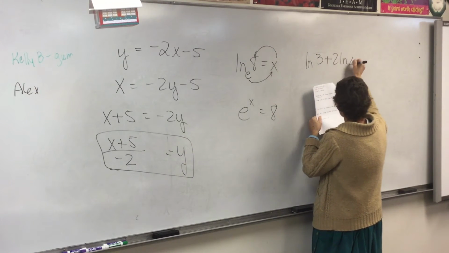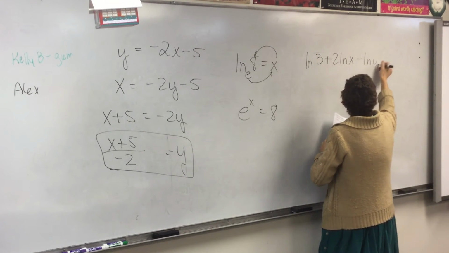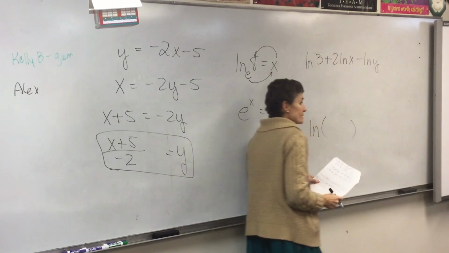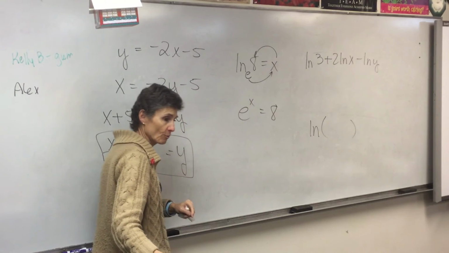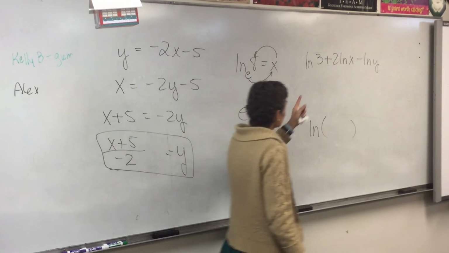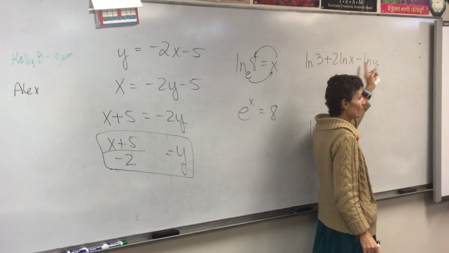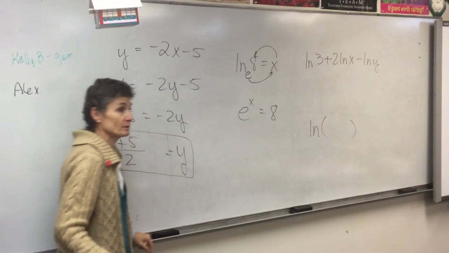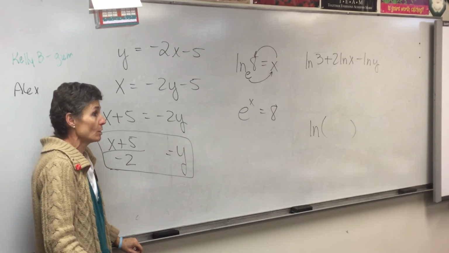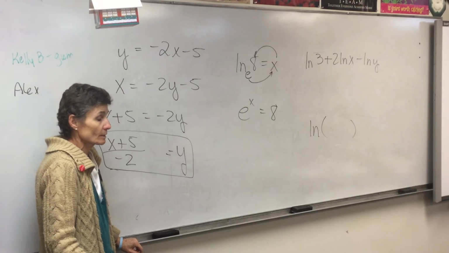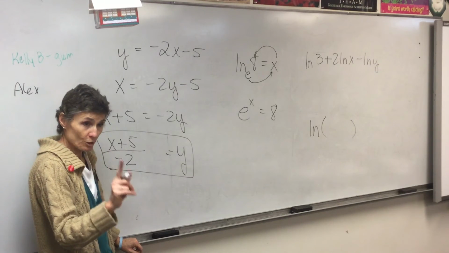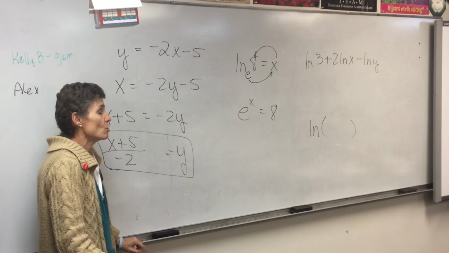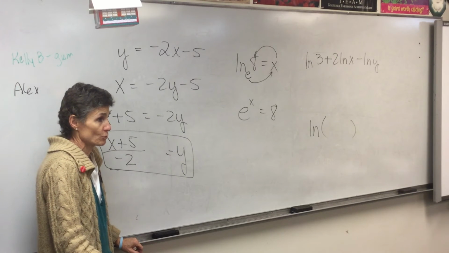You had a test question just like this one. Your job is to write this as one logarithm. So instead of having 3 separate logarithms, your job is to put them together into one. Okay? Now, before you do that, there's something that has to be taken care of. What has to be taken care of first?